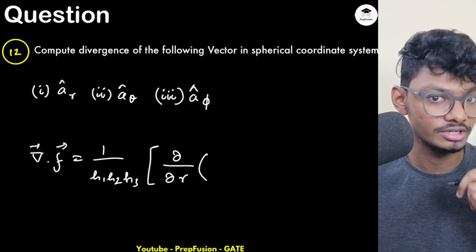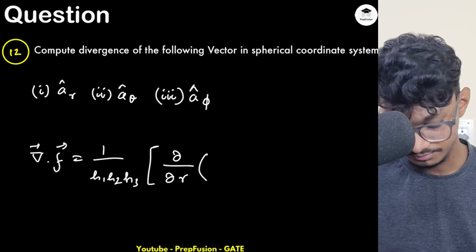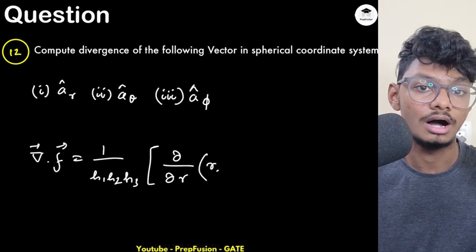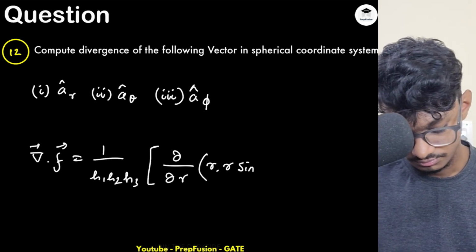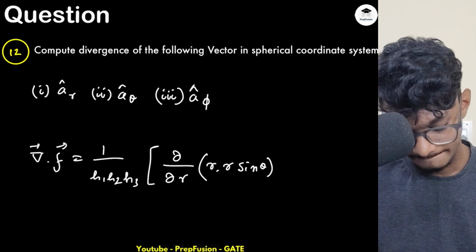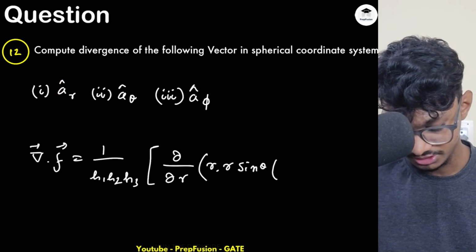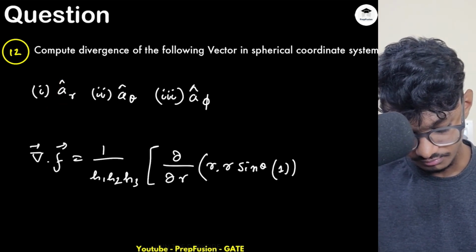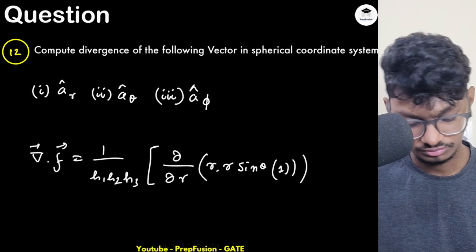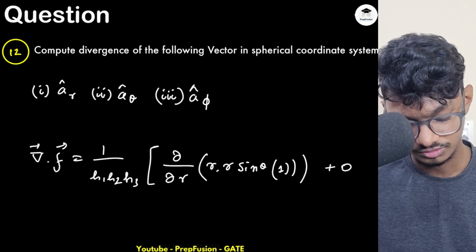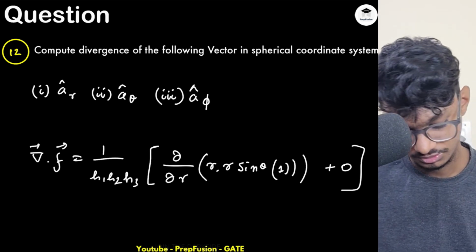H1 I will ignore. H2 is R d theta, so it will be R, and H3 is R sin theta. And I have the component of the R cap, whose coefficient is 1, so this will be simply 1. Other components are 0, so if I multiply by 0, it simply becomes 0.